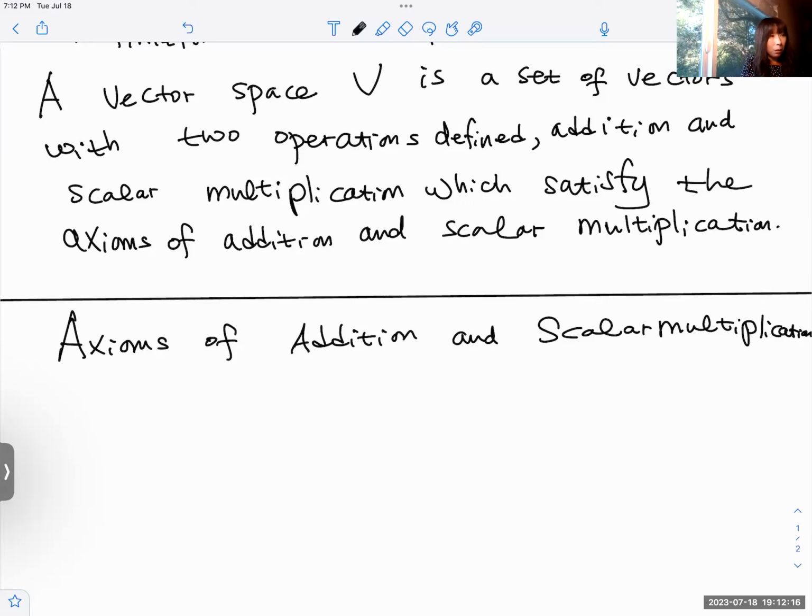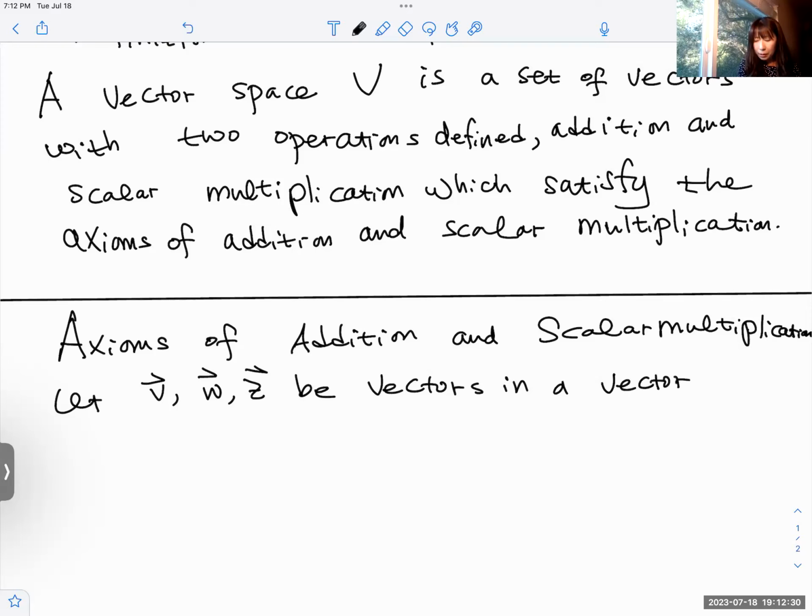Number one: let V, W, Z be vectors in a vector space V. Then they satisfy the following axioms.